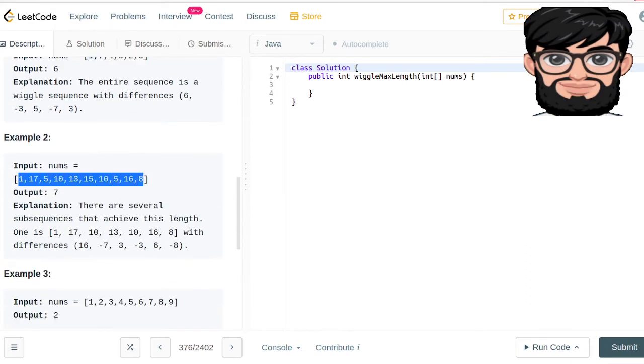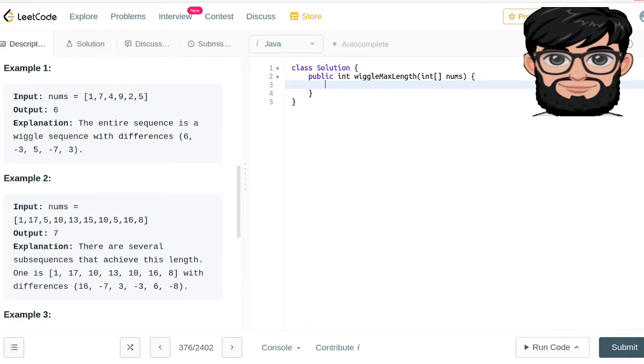In this case, our answer is going to be 7, because we're going to remove 5, and then we're going to remove 15, and then we're going to remove 5 again, and we're going to end up having this sequence with these differences, which is going to stay wiggle. So the total number of elements is 1 2 3 4 5 6 7.